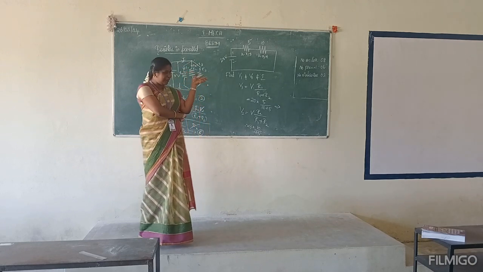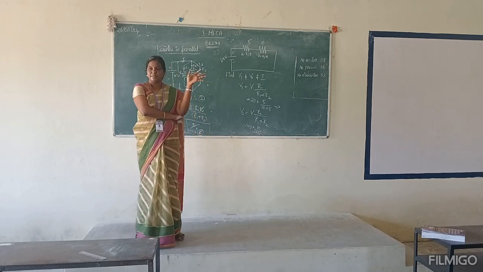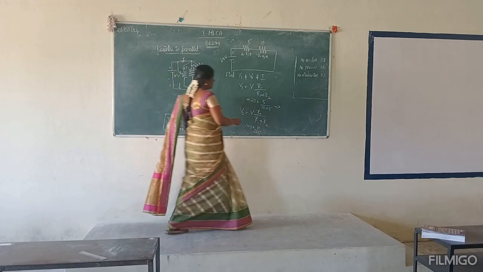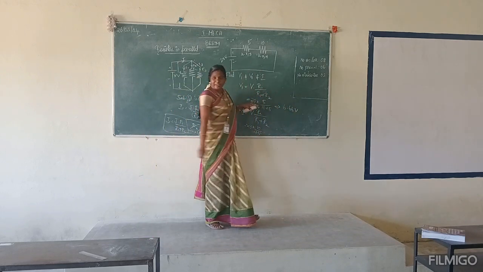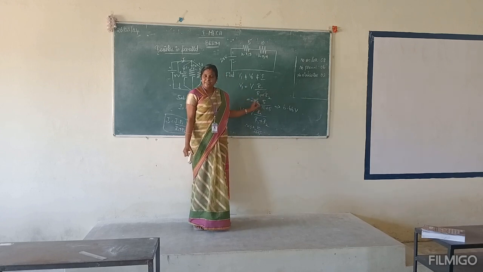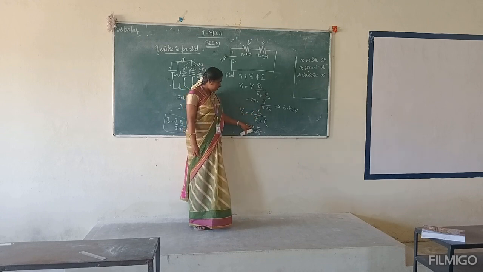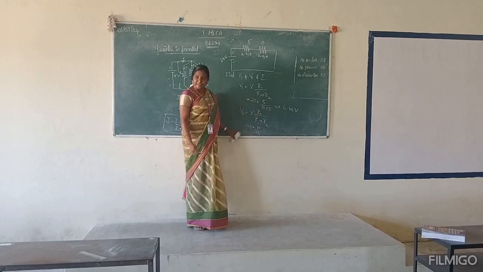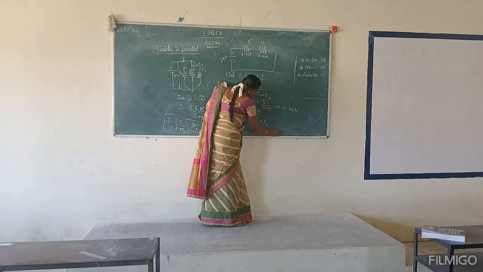We can put 20 into 5 divided by 15, that is 6.66 volt. V1 is 6.66 volt. Is that right? 20 into 5 divided by 15. Okay, 20 into 10, 200 divided by 15, that is 13.3.